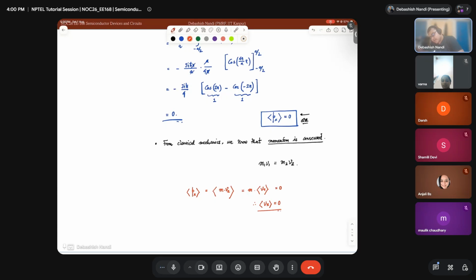Have you heard of the concept of random thermal motion? Anyone? What does random thermal motion mean? So please try to interact so that it will be better for you to learn, right?